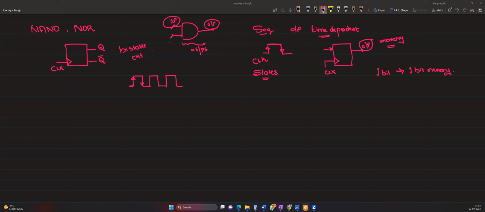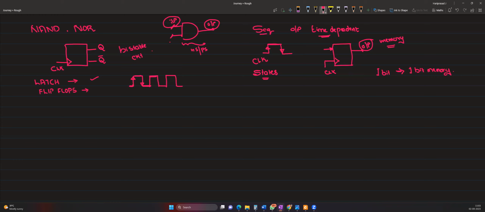In sequential circuits, you will come across two terms: one is latch and another is flip-flop. A latch is usually level sensitive. Whenever the level is high, some state will come into effect, and whenever it is low, some other state. But flip-flops are usually edge sensitive.